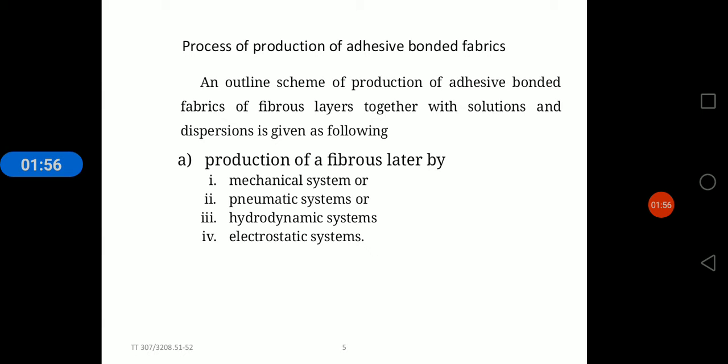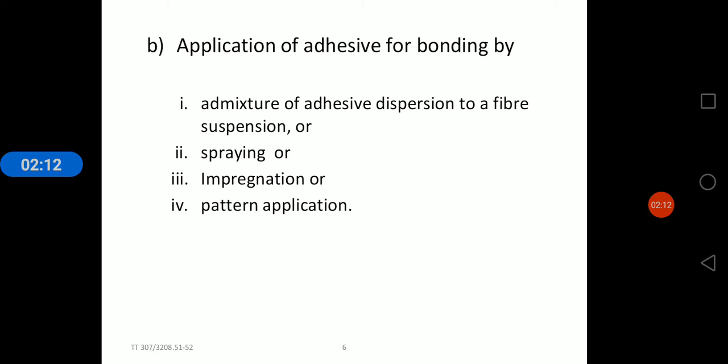An outline scheme of production of adhesive bonded fabrics of fibrous layers together with solutions and dispersions is given as follows. The production of fibrous layer by mechanical system, pneumatic system, hydrodynamic system and electrostatic system.